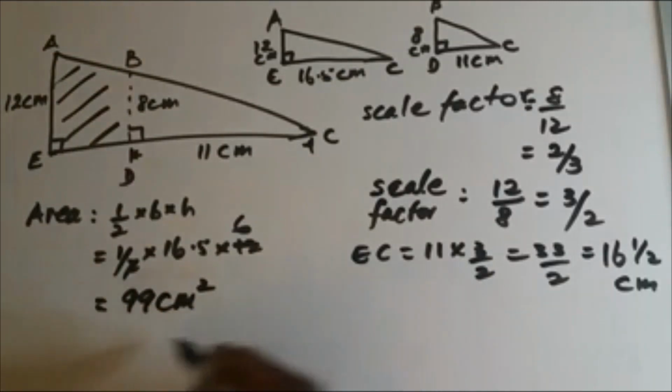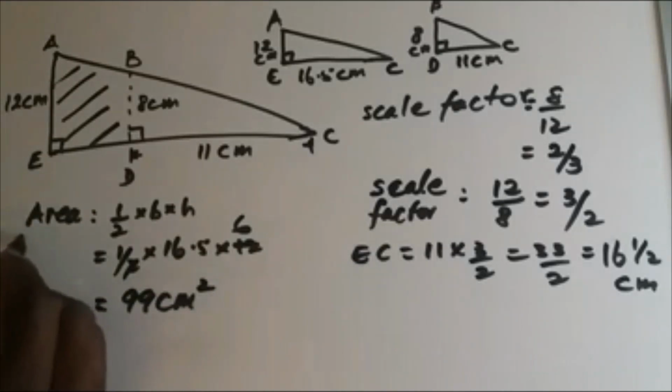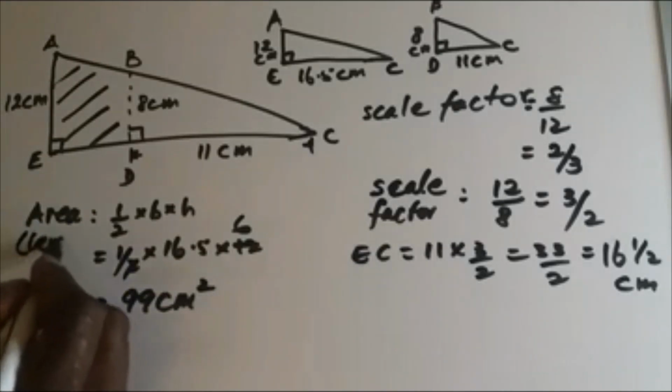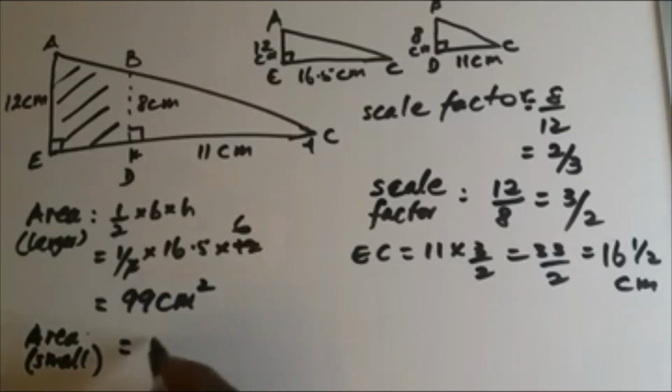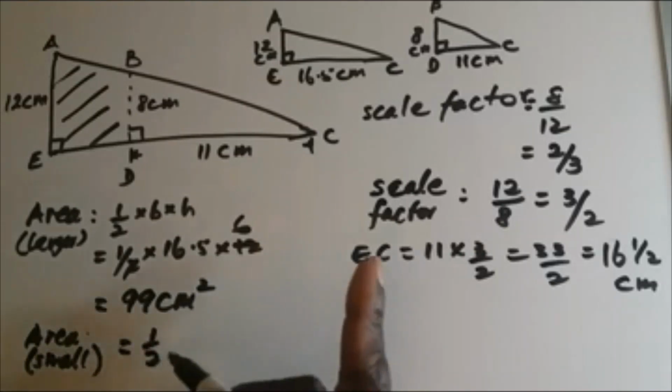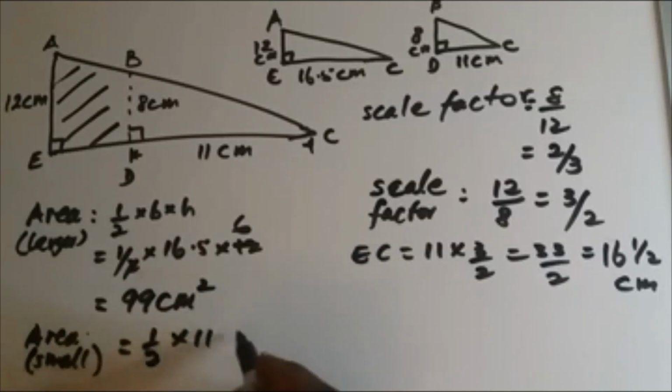Now the area of the small triangle is equal to half the base, which is 11, times its height, which is 8.